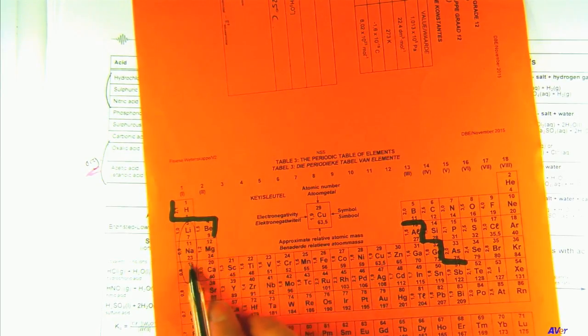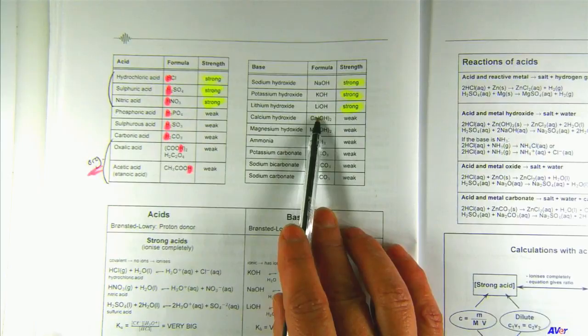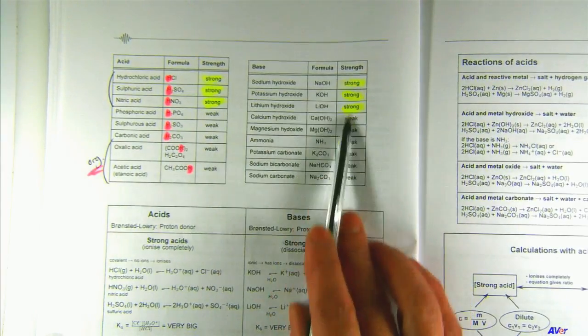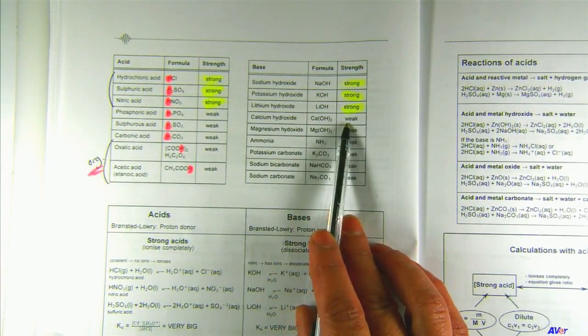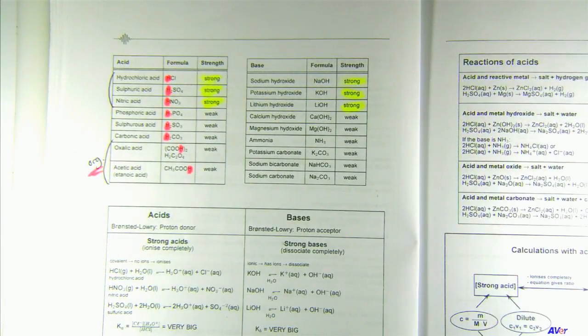But I know you can't remember it. Okay. So, just remember, sodium, lithium, and potassium hydroxide will immediately give off an OH- because it dissolves, and therefore they are strong. And all the rest you have to learn, they are weak.